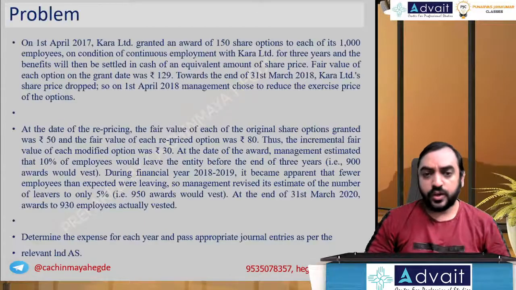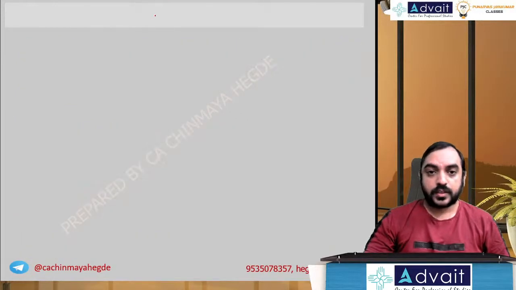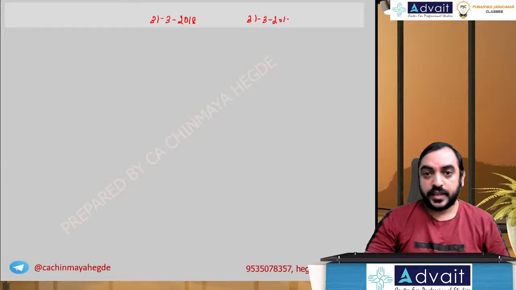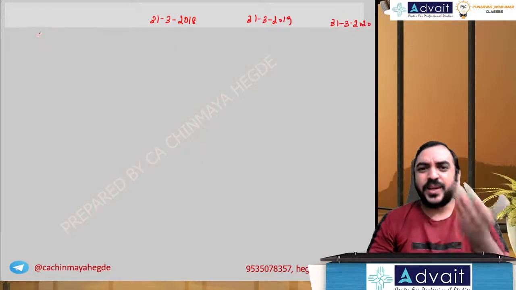So what we follow, 3 years are there, starting from 18, 19, 20. So 31st March 2018, 31st March 2019, and 31st March 2020. What I'm going to do is calculate the cumulative expense, basically the liability closing balance.